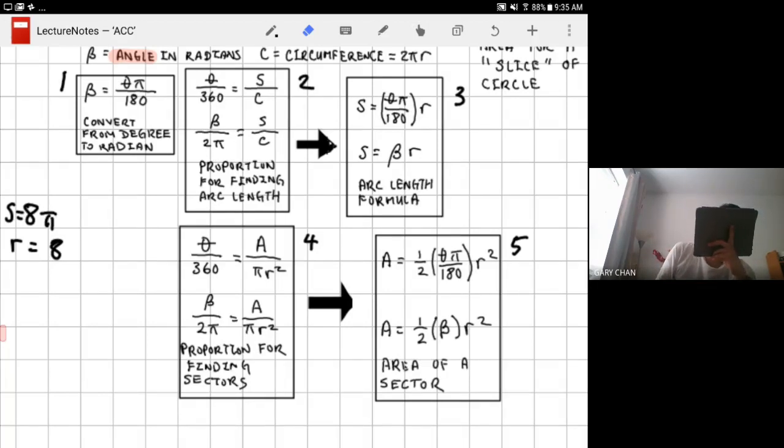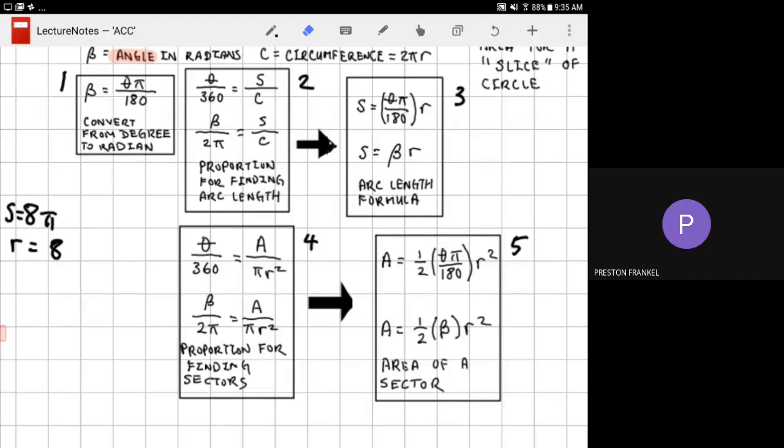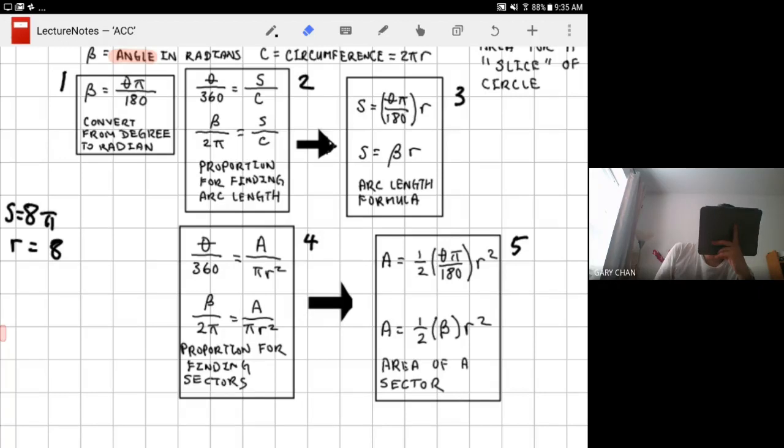Are you going to use the formula for arc length? Are you going to use the formula for sector? Would it be the one to solve for central angle? Well, looking at just the givens right now, S is equal to 8 pi. Is that an area of a sector or is that arc length? Arc length.